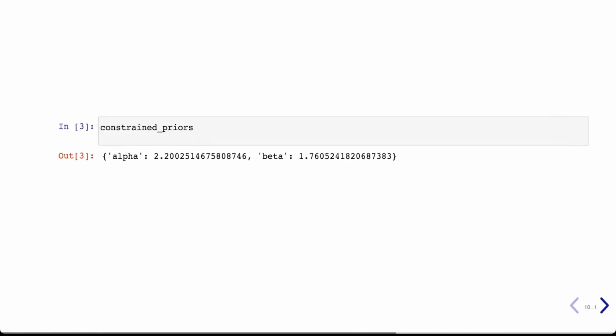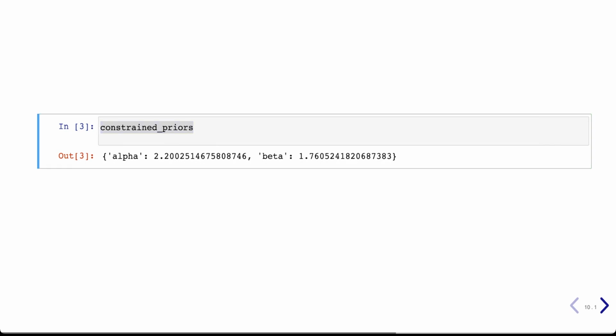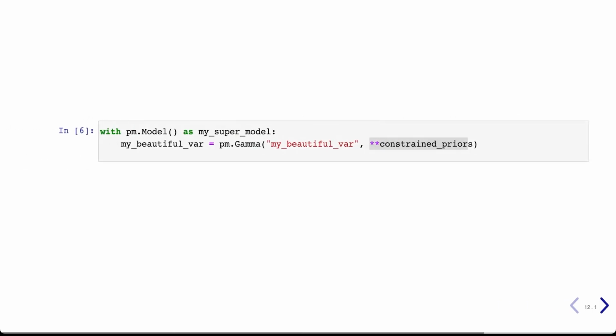Right, over there, we've got our constraint priors, and then you just use the magic of Python dictionary unpacking by inputting **constraint_priors, and that will give everything that PyMC needs to initiate that variable. How beautiful is that beautiful var, right? So that's awesome. And that's how you would use a constraint prior in your model.